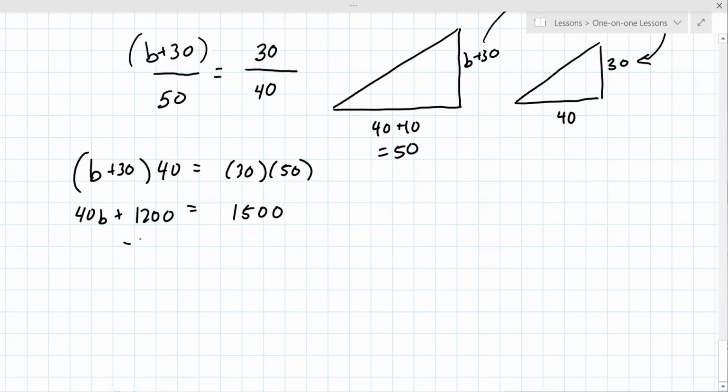Subtract 1200 from both sides. So you have 40B equals 300. B equals, let's see, 30 divided by 4, 7.5. And I think it's feet. Yeah, it's in feet. Okay.